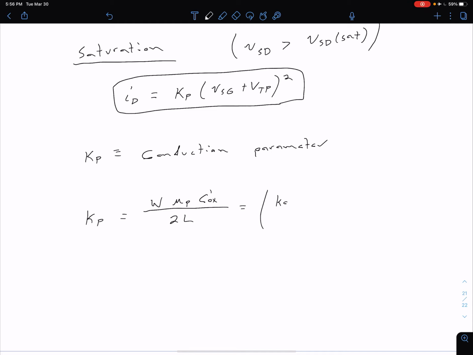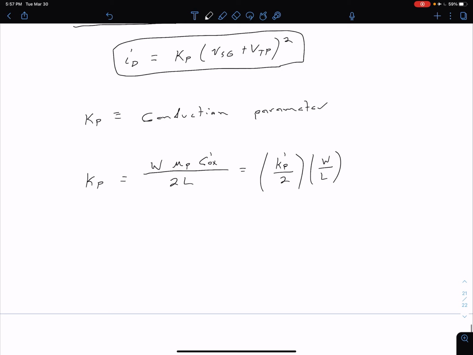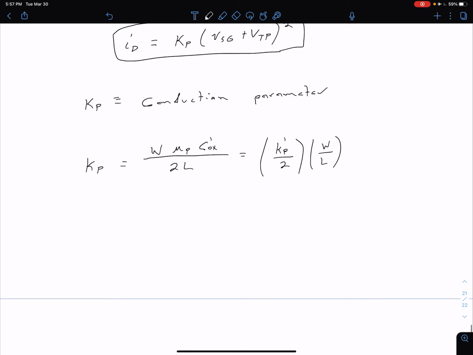And so of course we can define that with this lowercase k sub p prime over 2, multiplied by our W over L. Again, just to emphasize that we have this dependence on electrical characteristics as well as device geometry. The only term that's different that we haven't seen before, of course, implicitly this Kp prime is new, but same basic parallel to our Kn, is this mu sub p.